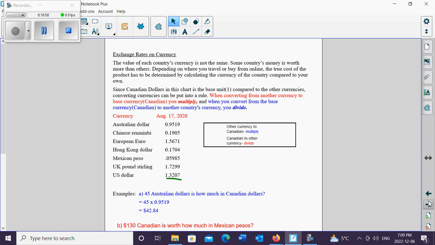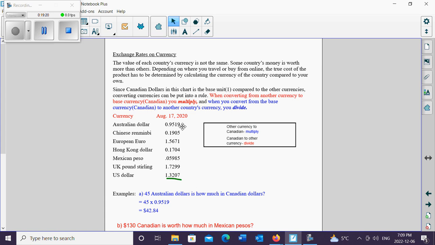Lastly, we talked about currency rates, and everyone's currency is not the same. So the rule of thumb is if you're converting other currency to Canadian, you're going to multiply by the exchange rate. And when I say Canadian, Canadian is the base in this question because it's a Canadian text.